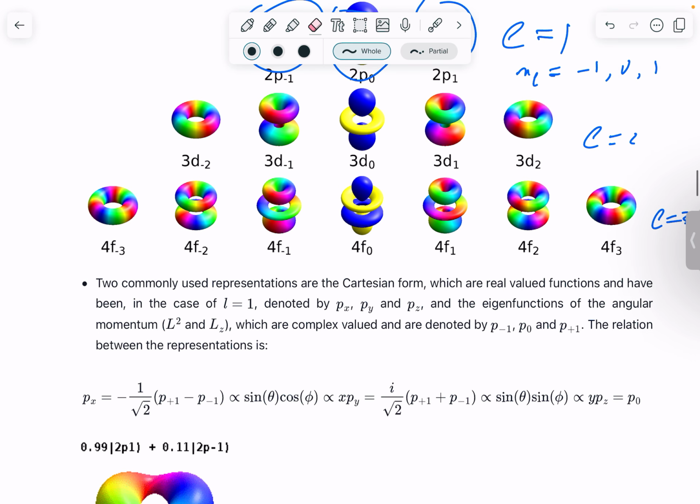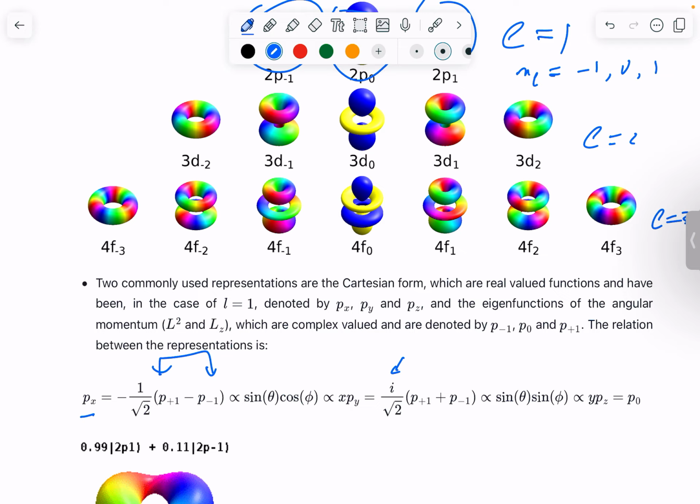Okay, so the wave functions of the hydrogen atom have complex numbers in them, right? So there are different ways of visualizing. One particular way that chemists have chosen to visualize is to take linear combinations of degenerate orbitals and form an orbital that's a purely real function. So here you see how px results by taking a combination of p plus 1 and minus 1, and how py results from a linear combination with some complex number thrown in there.